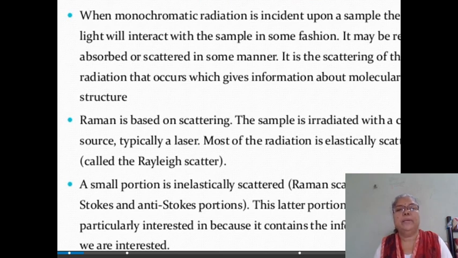So, it is also called Raman scattering, and these lines are called Stokes lines and anti-Stokes lines. The lights with greater frequency are called anti-Stokes lines, and the lines with lesser frequency are called Stokes lines.